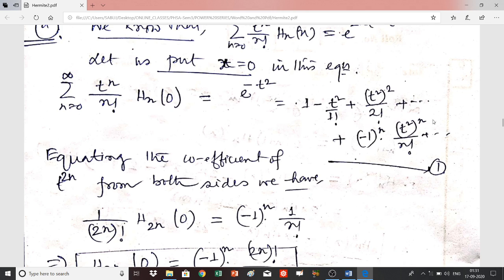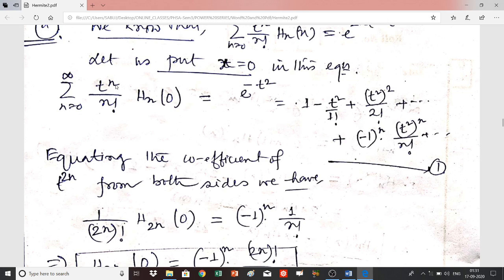So for any value of n, this series will have all terms consisting of even power of t.